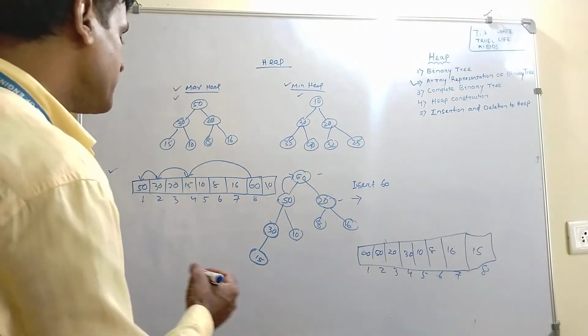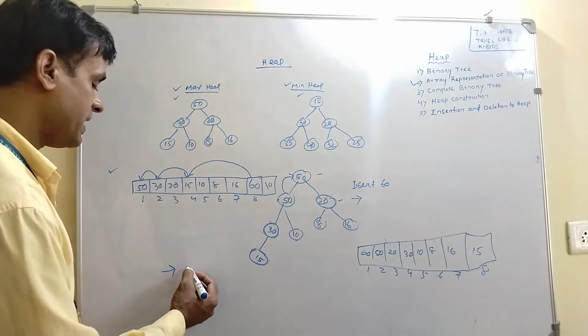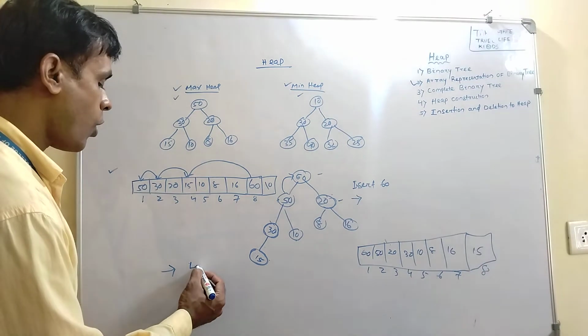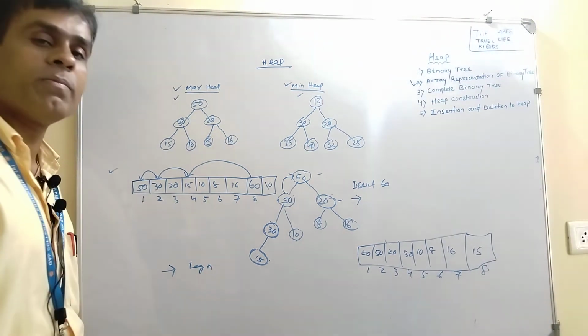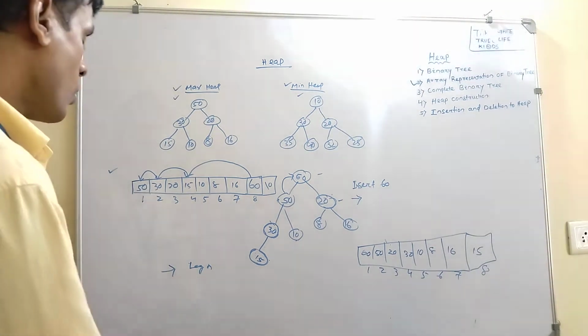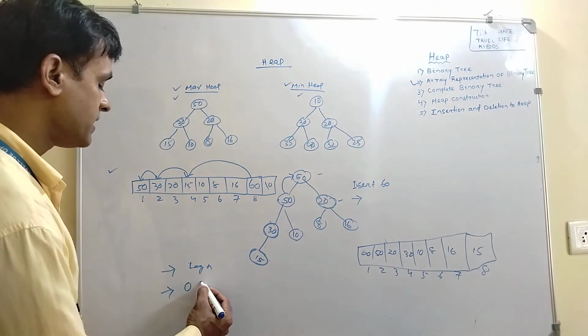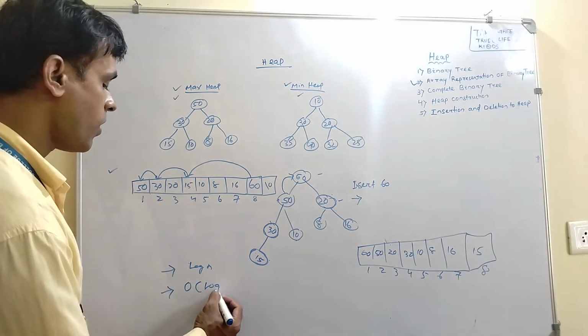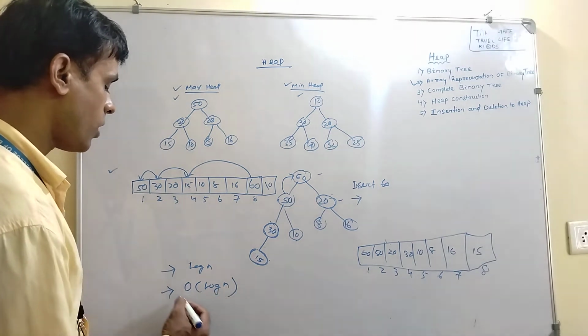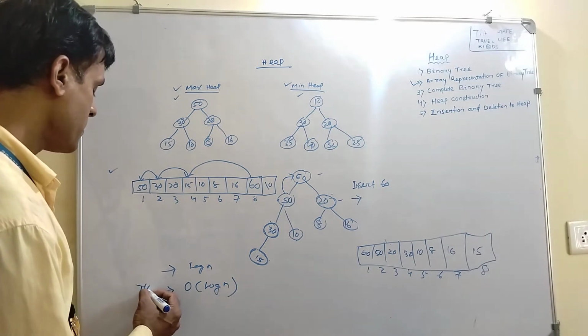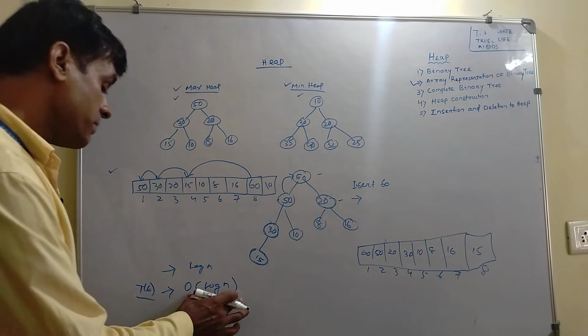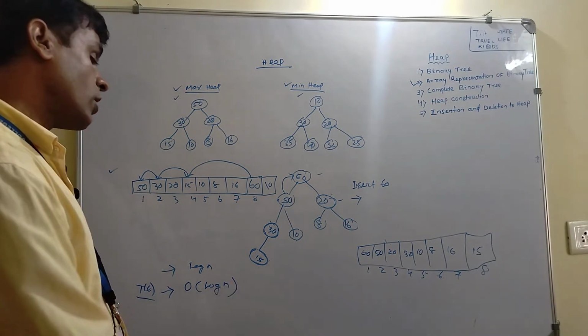The height of a complete binary tree is log n. So the time complexity for inserting an element is order of log n, or big O of log n. That is the time complexity for insertion.